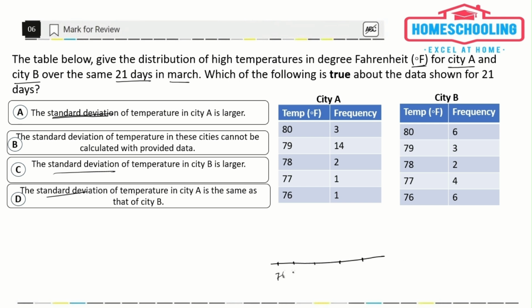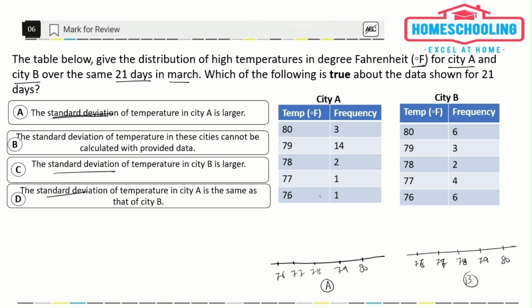Similarly, 76, 77, 78, 79, and 80. So this is for city A, and this is for city B.